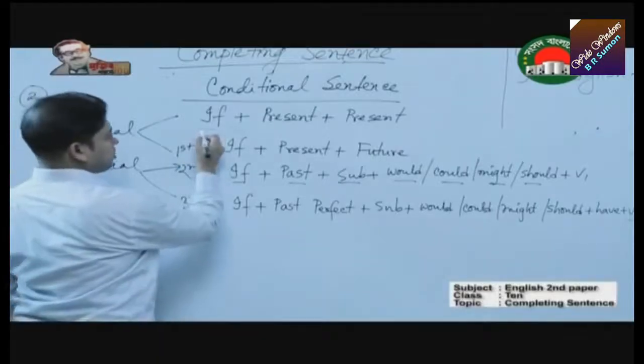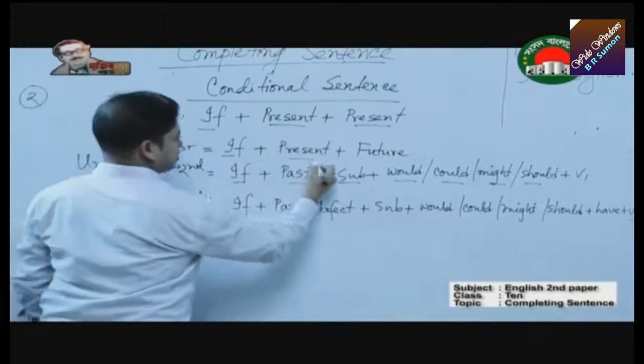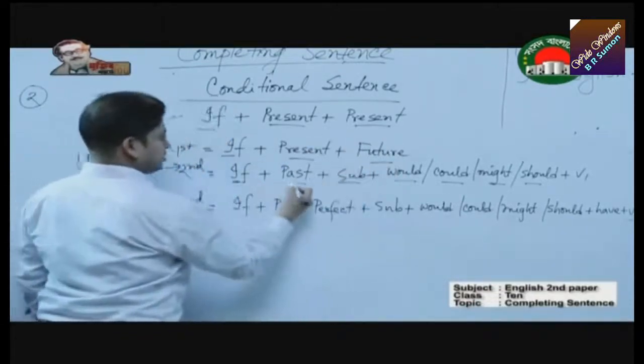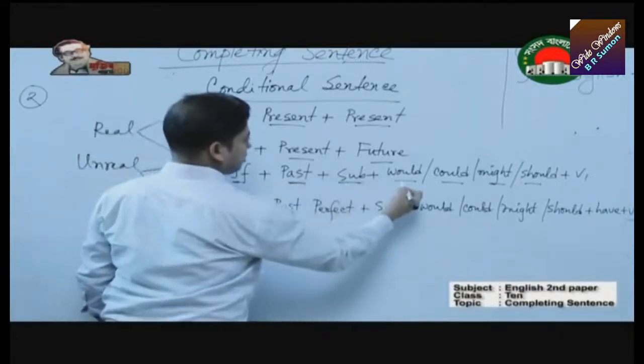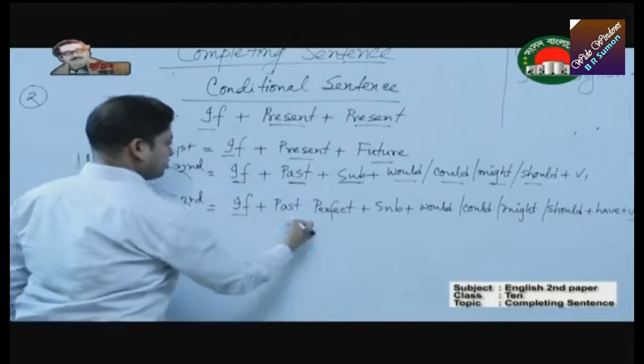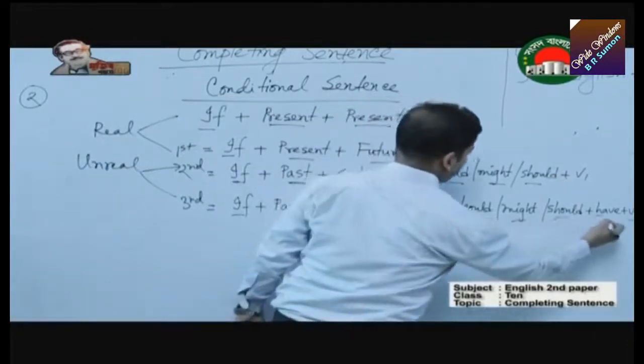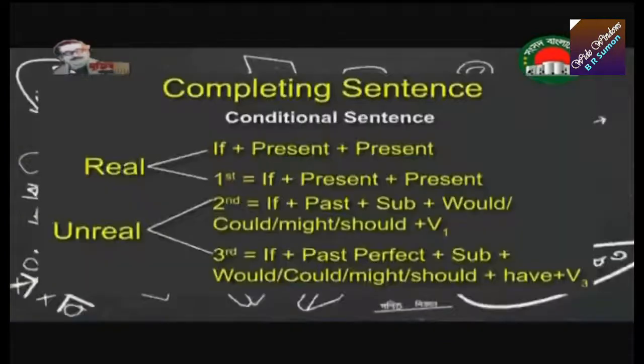First one is if plus present plus present, second, if plus present plus future, if plus past indefinite subject, would or could or might or should plus V1. Then third is if plus past perfect subject, would or could, might or should plus have plus V3.